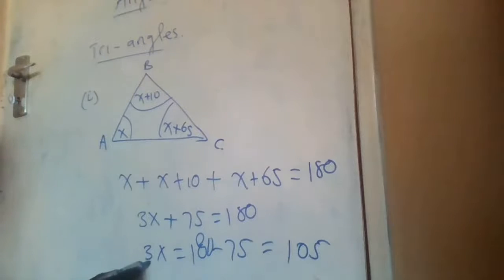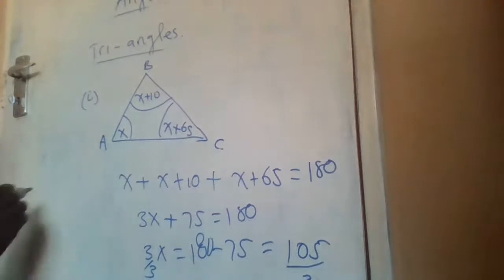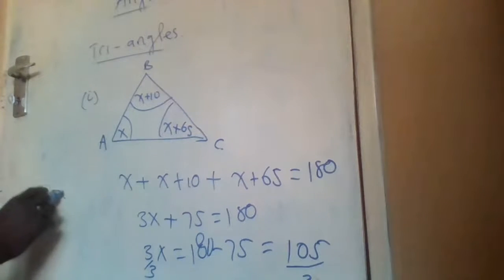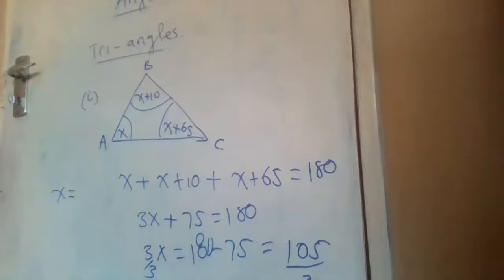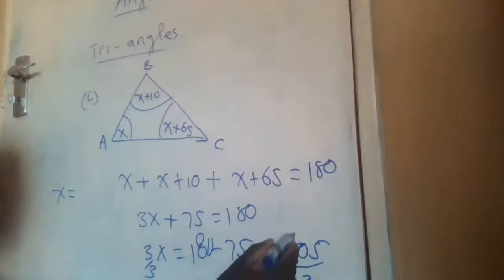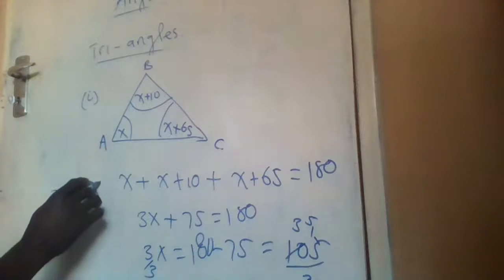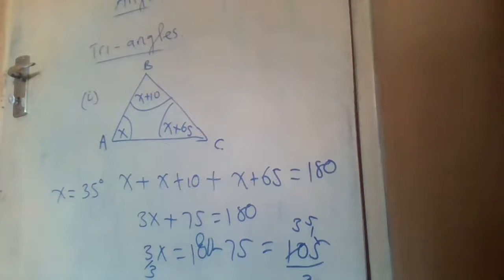To find the value of X, we divide by 3 on both sides. 3 into 10 is 3 times, remember 1, 3 into 15, 5. So the value of X is 35 degrees. Very simple.